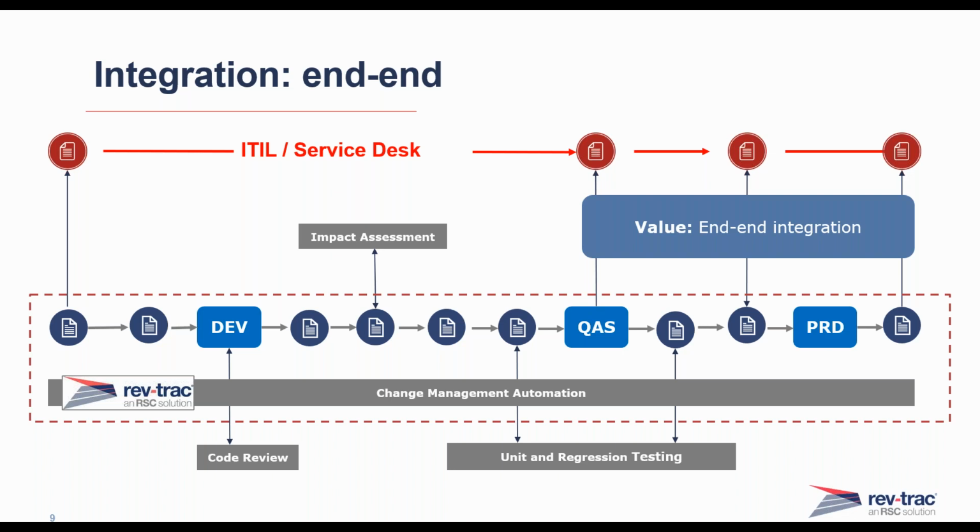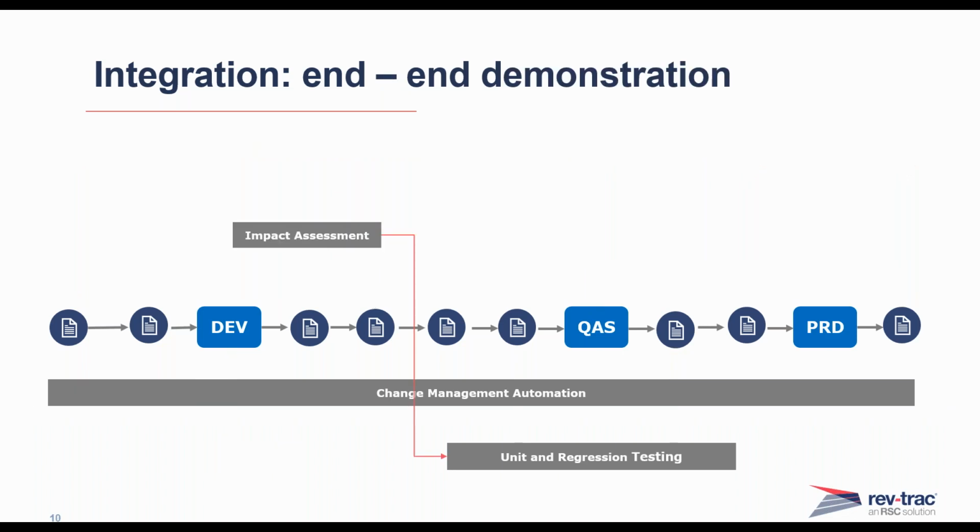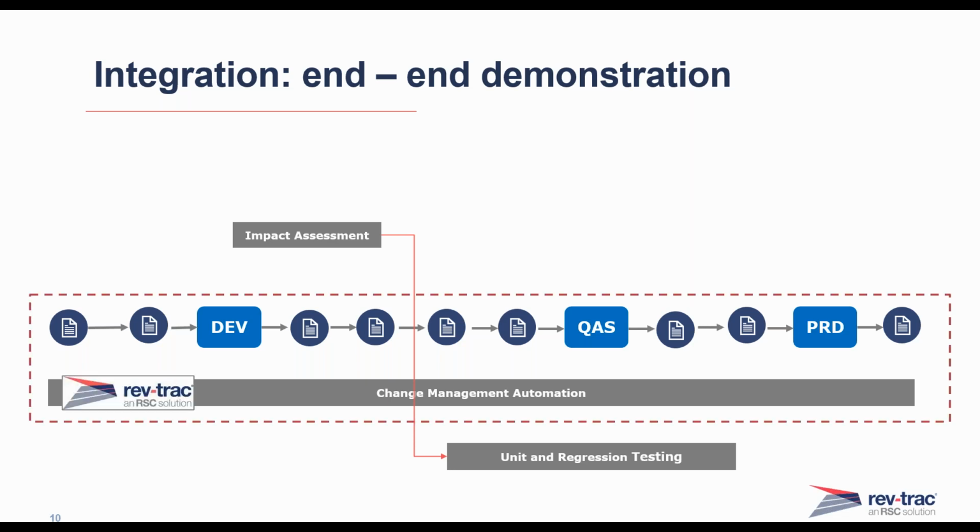What we want to do today is to begin to show you that this is not just a theoretical view of life, but it can actually be something that can be fully implemented and done. So we're going to show you today some integrations around particularly the tool sets produced by Tricentis Tosca, and show you how they can be integrated with Rev-Trac to begin to create that end-to-end view of life that we've seen before.